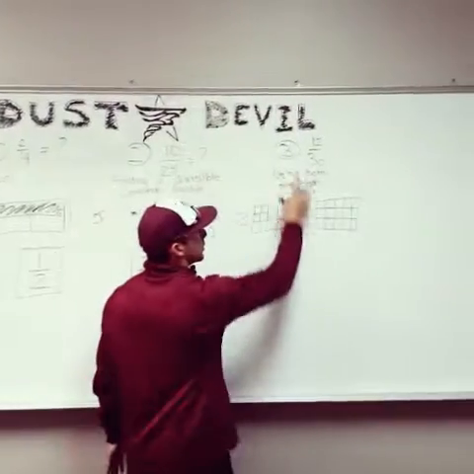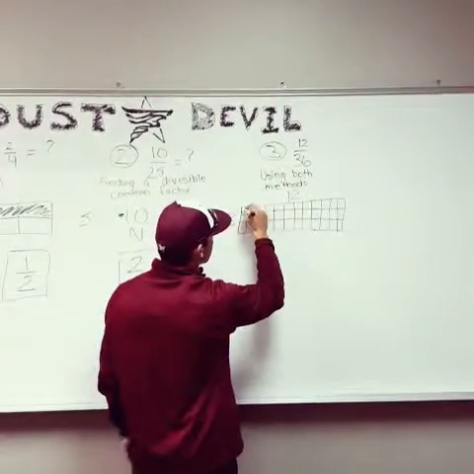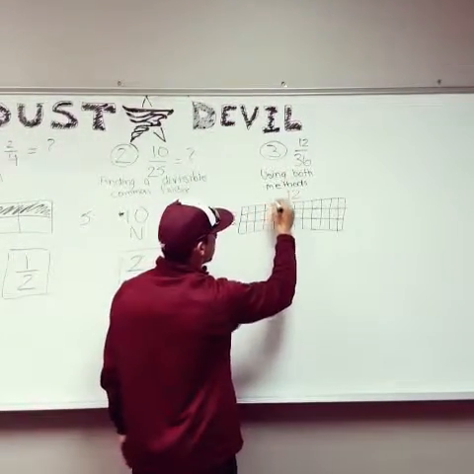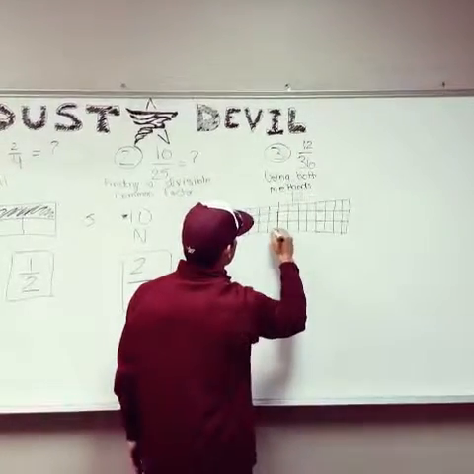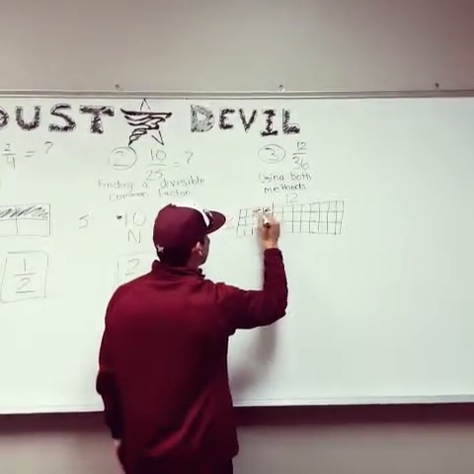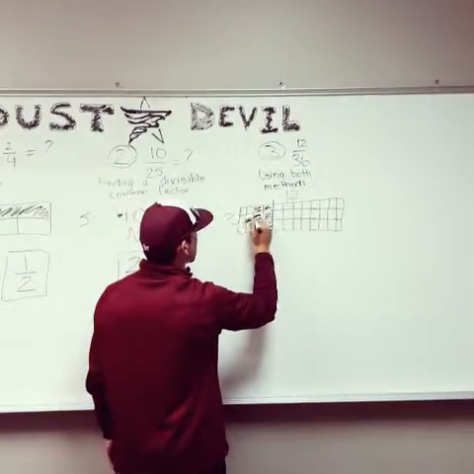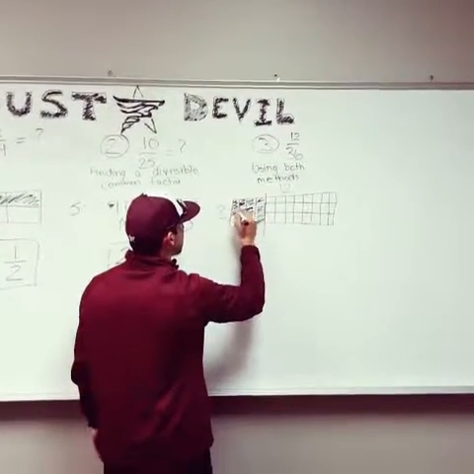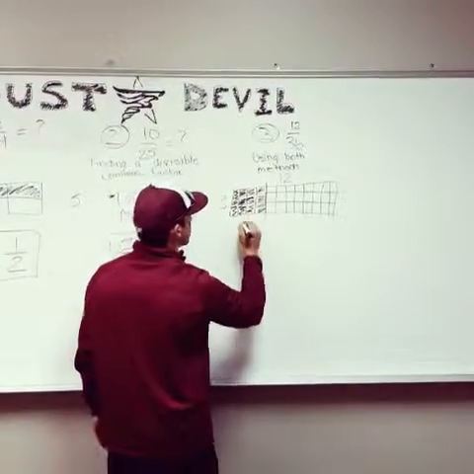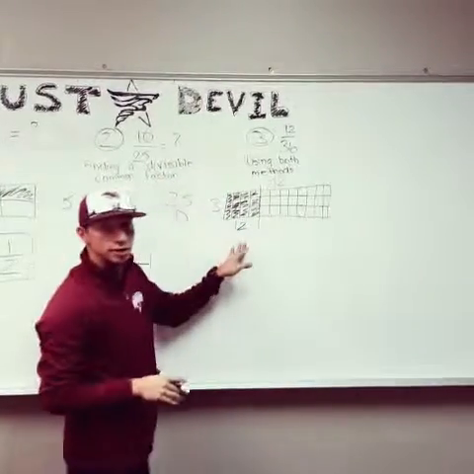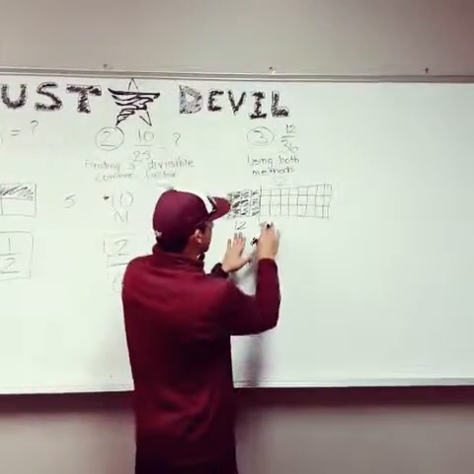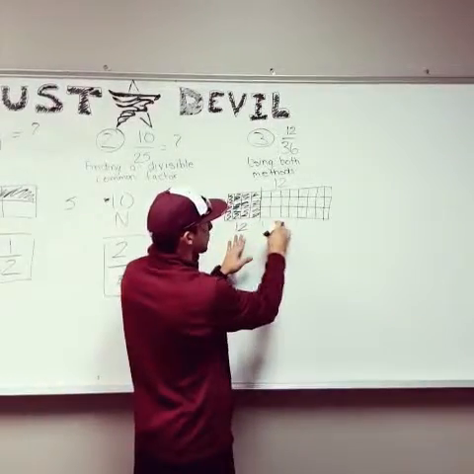We're going to shade in 12. Since this is 3, 6, 9, 12, up to here, we're going to shade all these squares in. This gives us 12, which is represented as our numerator. So we have 12 that are already shaded. Now, we can further divide the next couple of pieces as well.